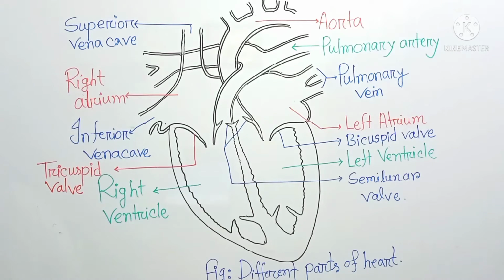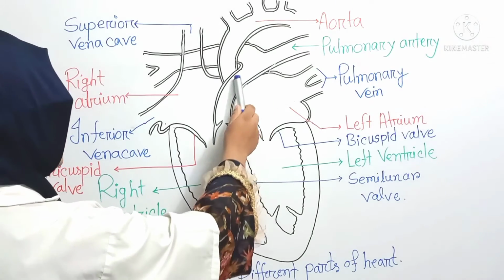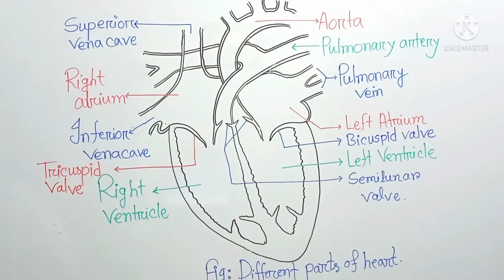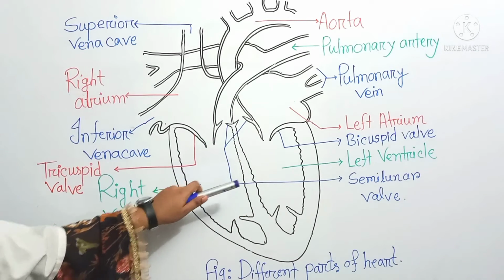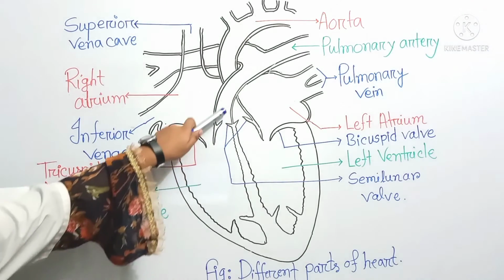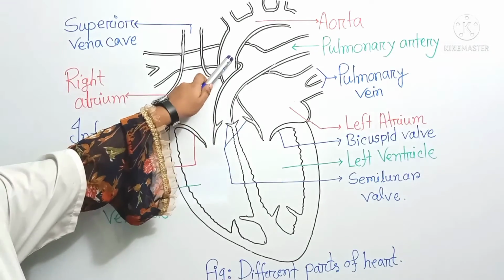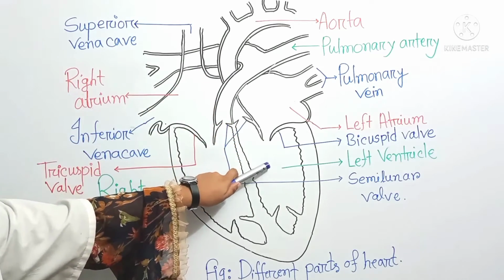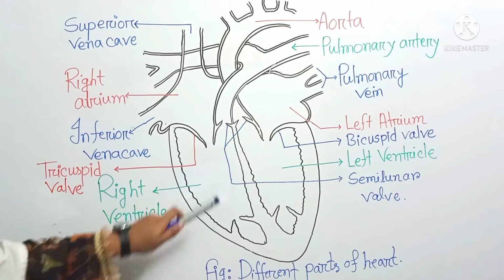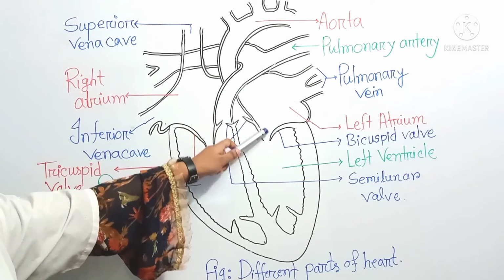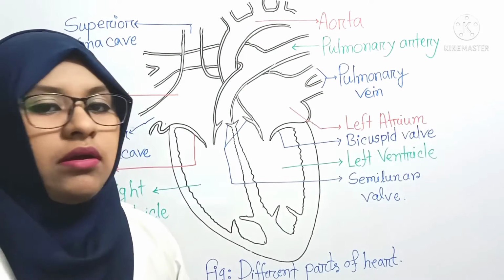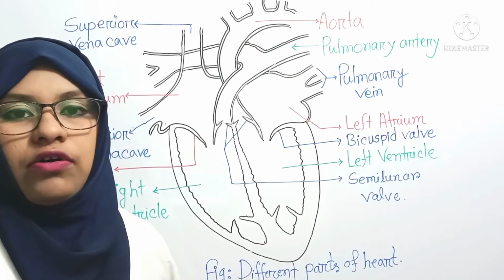And the pulmonary artery originates from the right ventricle, and the aorta originates from the left ventricle. Okay, that was the structure of the heart.